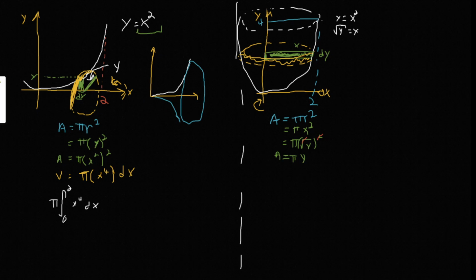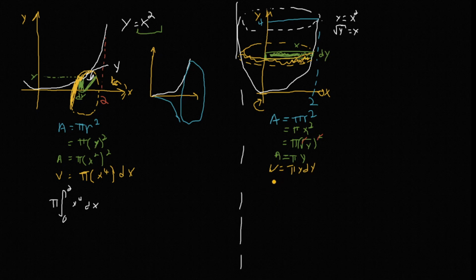But we want to find the volume of this ring so that we can sum up the tiny volumes. So how do we do that? We say the volume is the area times the little height, which is dy. So volume is pi times y dy.